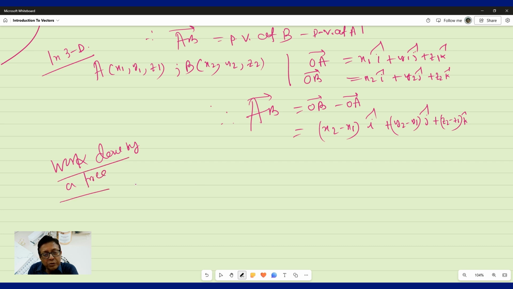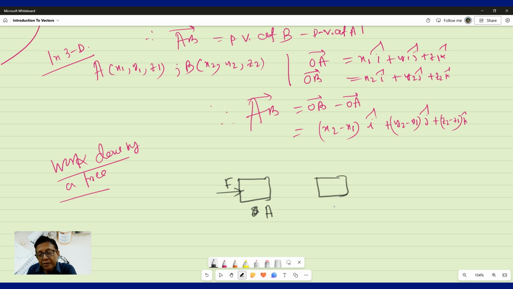Work done by a force. This you all have studied. If force acts this way, then you have given a displacement S. This point be A, this one B. Then work done is what?